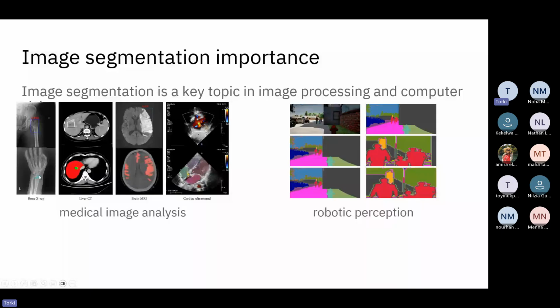The segmentation job here is to identify the pattern or the fracture that you are looking for. Also, in the middle, we can see the liver segmentation from CTs. Also, we can find maybe some tumors in brain MRI, or maybe you can do this on ultrasound.